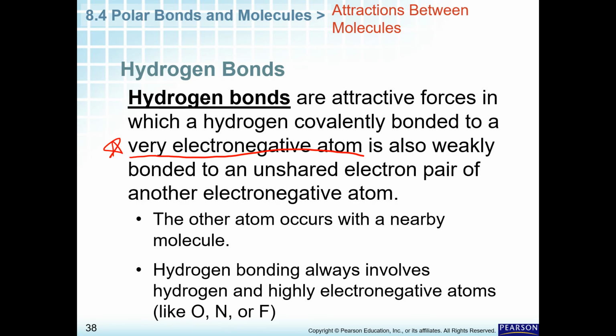It typically only occurs with those highly electronegative elements such as oxygen, nitrogen, or fluorine. My professor always told me, remember FON or FUN, I don't know. That always helped me. And so when we use the example of water, this should make sense because we have hydrogen bonding with oxygen, which is super electronegative.